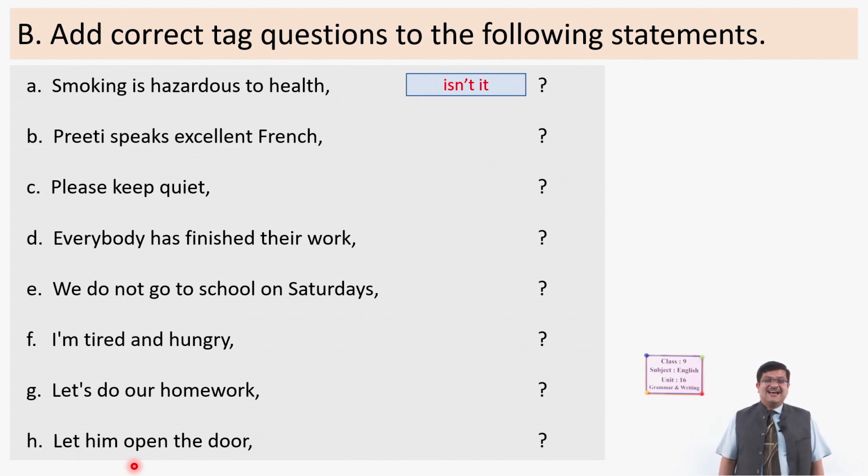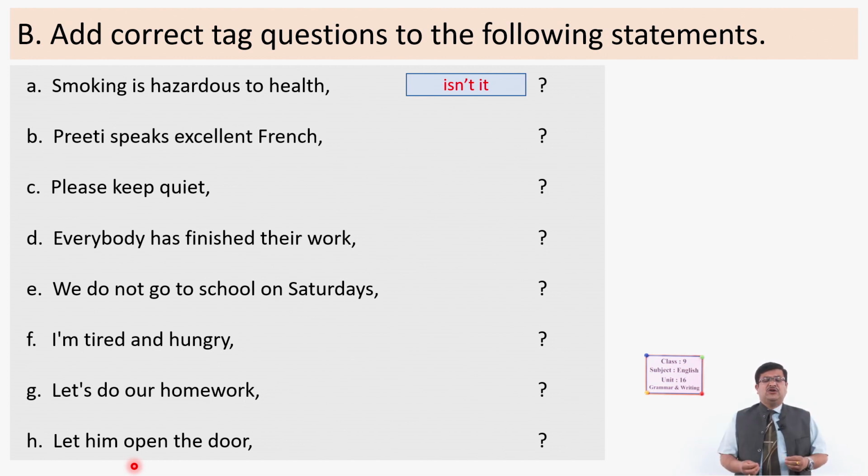Smoking is hazardous to health. So dear student, please identify where the verb is first. And if you identify the verb, the same verb you can use in the form of tag. This is one basic rule.